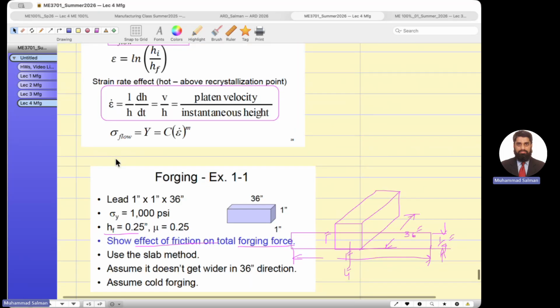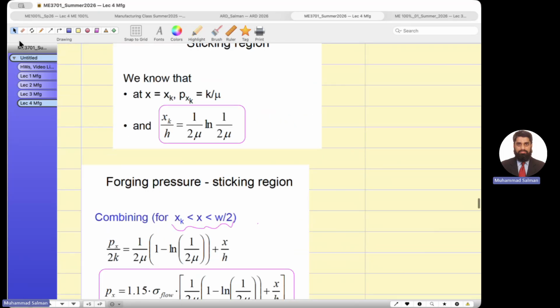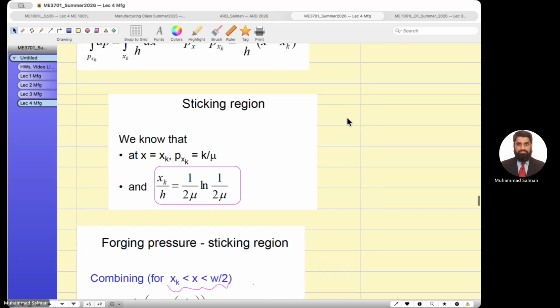Can you go back to this formula? I want to highlight this formula. I think I mentioned it. This formula is very important, which is the boundary line of the sticking and sliding region.